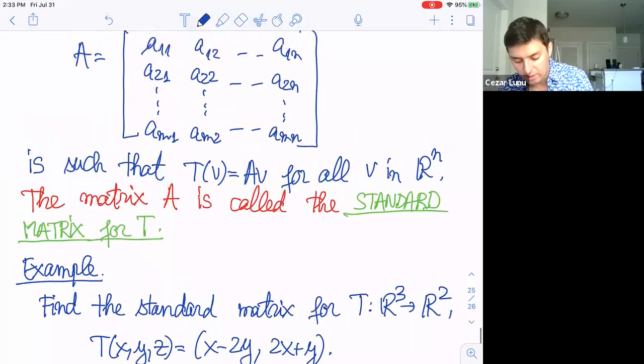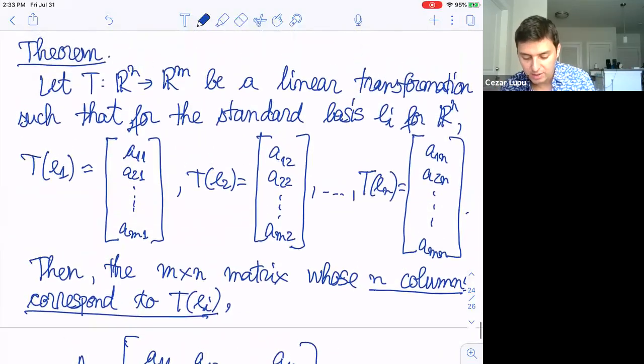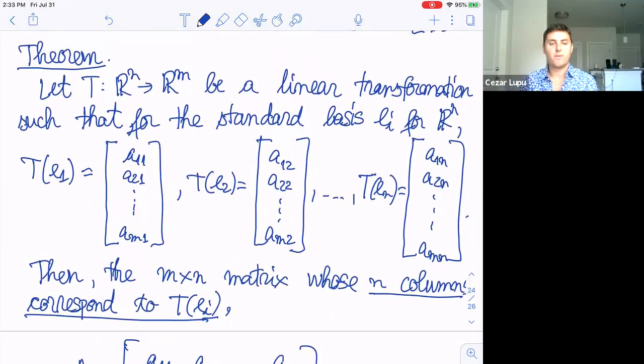If you look back at the theorem, look at the first part of the theorem, which is important. I want to see how this linear transformation will behave towards the vectors in the standard basis, right?